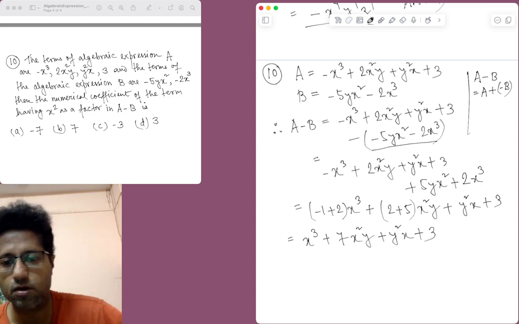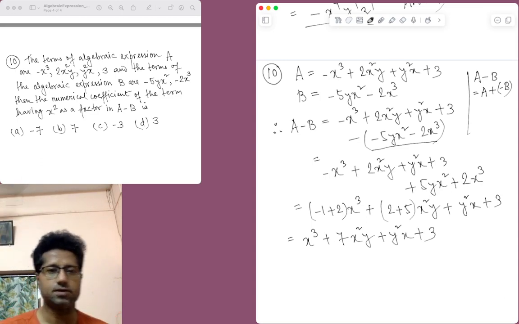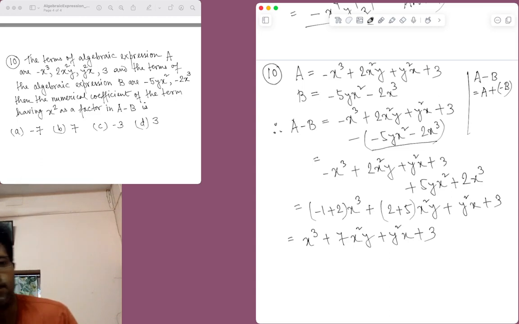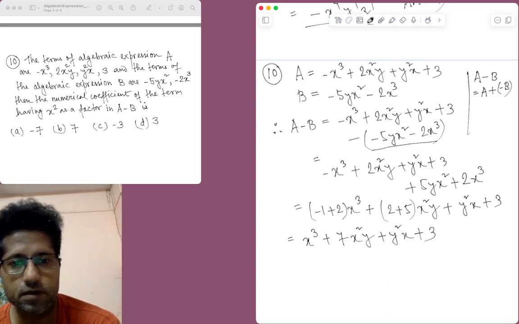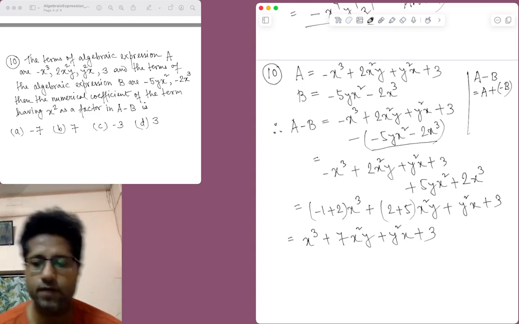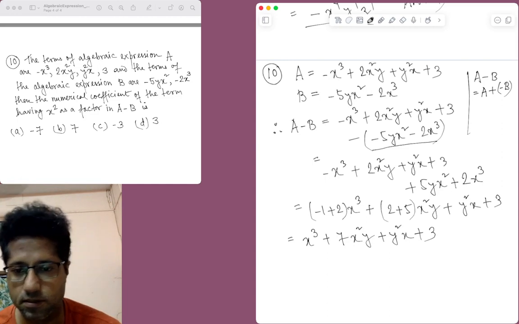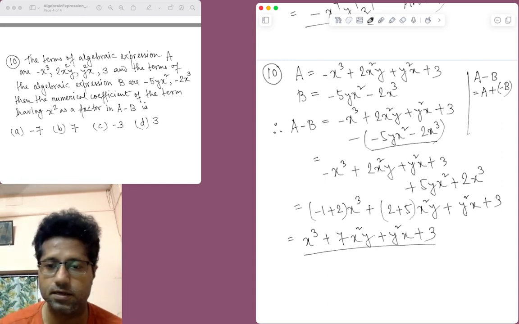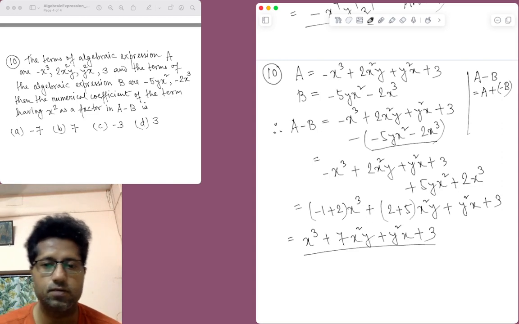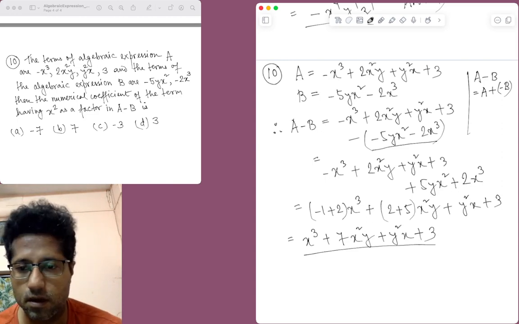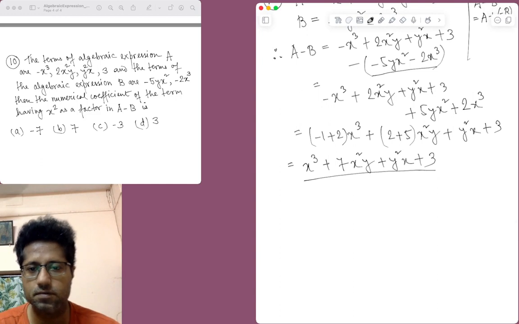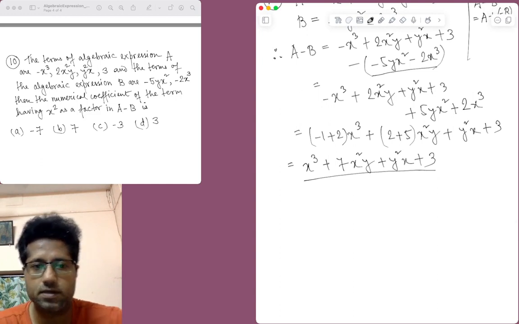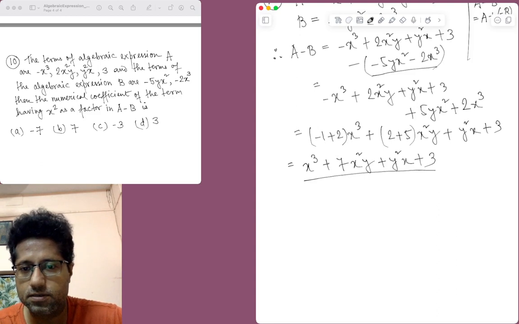So we got this final algebraic expression, and it is asking for the numerical coefficient of the term having x square as a factor in A minus B. Now A minus B is this. In this, which is the term that has x square as a factor? The first term is x cube. It doesn't have x square as a factor. Its factor is x cube. The second term is 7x square y. It has a factor x square.